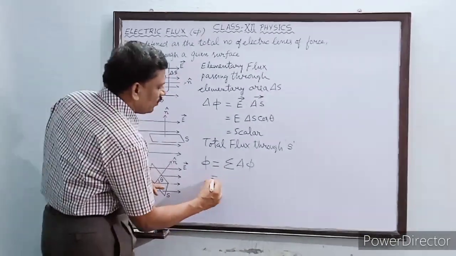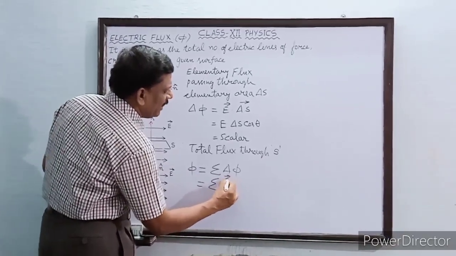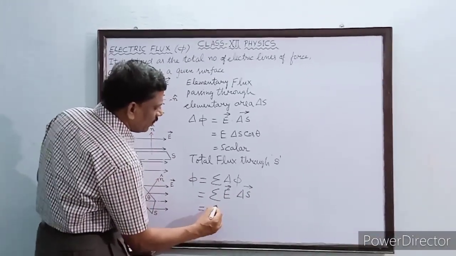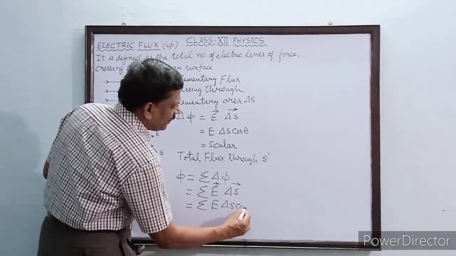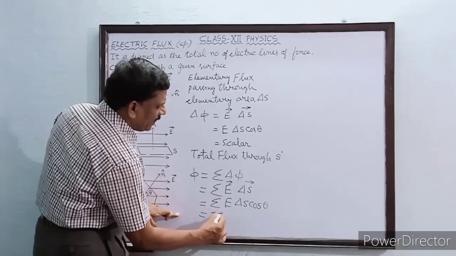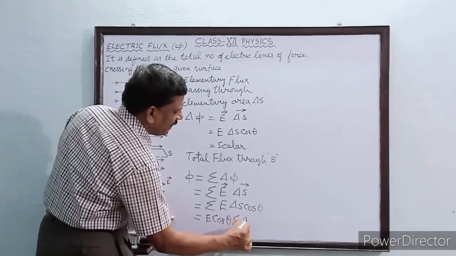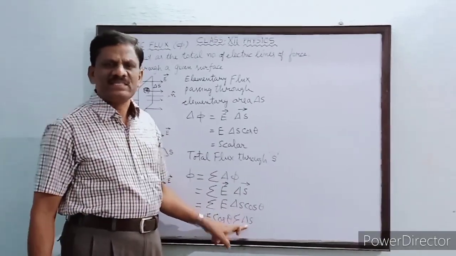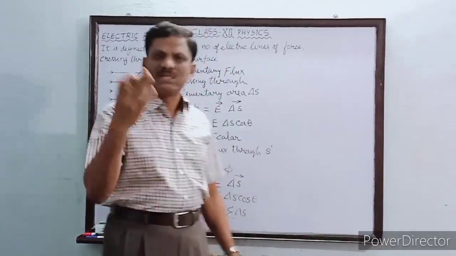So this is equal to sigma E dot delta S, and this is equal to sigma E into delta S into cos theta. So this is equal to E cos theta into sigma delta S. Sigma delta S means add all the small unit areas, and you get the total area.